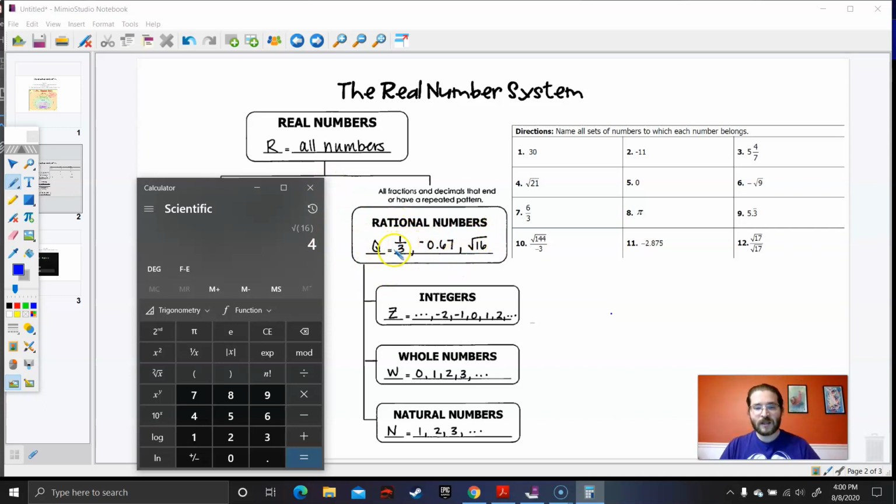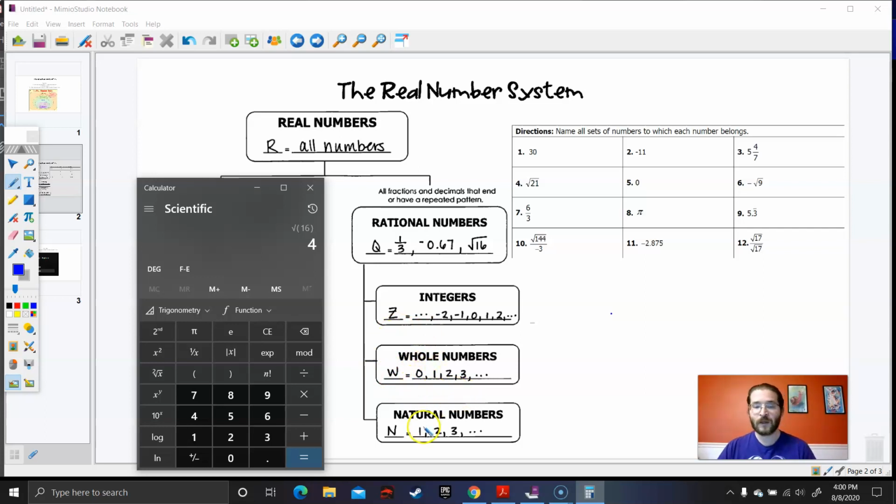Rational numbers can be divided into 3 other things too. We have integers, which are like our 0, 1, 2, 3, but also include our negative numbers, negative 1, negative 2, negative 3. Even further, we can go with whole numbers, where we take out the negatives but still include the 0.